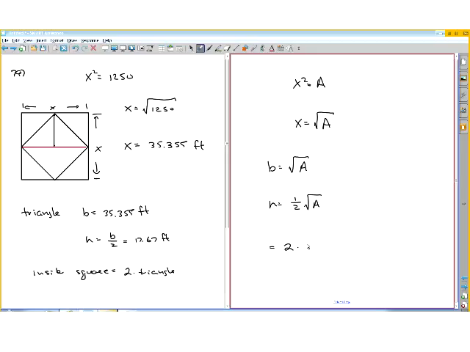So if we wanted to find the area of the inside square, it's going to be equal to 2 times the area of the triangles, which is 1/2 the base, which is the square root of a, times the height, which is 1/2 the square root of a. So we end up with these canceling out. You get 1/2 the square root of a times the square root of a, which is a, and you just get a over 2. So that's the other way of keeping it all symbolically.